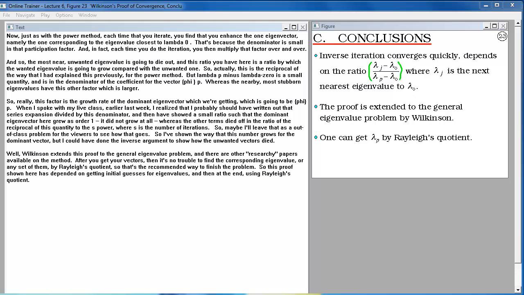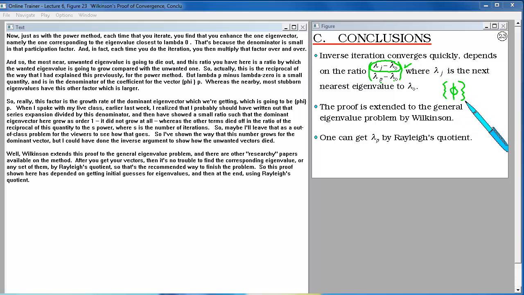But lambda p minus lambda 0 is a small quantity and is in the denominator of the coefficient for the vector phi sub p, whereas the nearby most stubborn eigenvalues have this other factor which is larger. So really this factor is the growth rate of the dominant eigenvector which we are getting, which is going to be phi sub p.